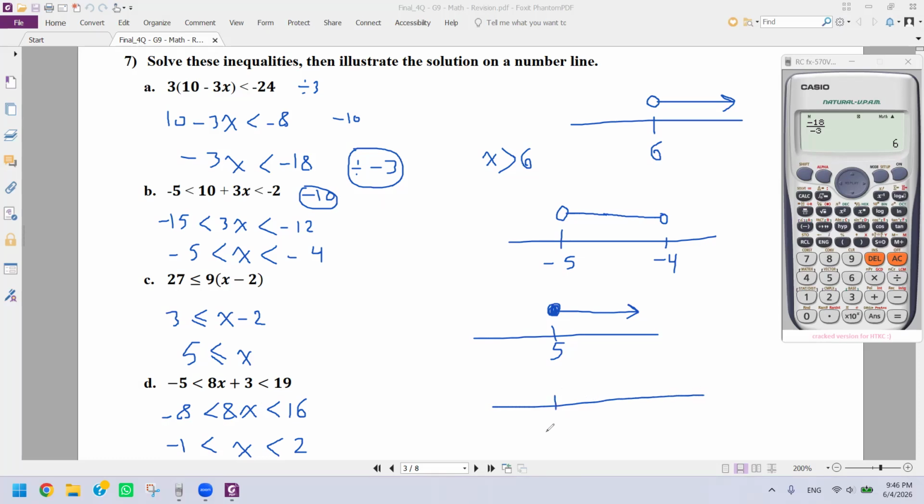Always keep the small one on the left, minus 1, 2. There's no equal sign, the circle is not colored, and the answer is in between. X is between minus 1 and 2. So this is solving the question and illustrating on the number line.